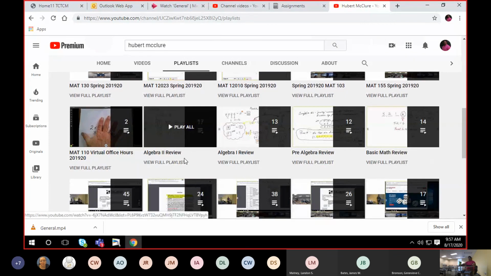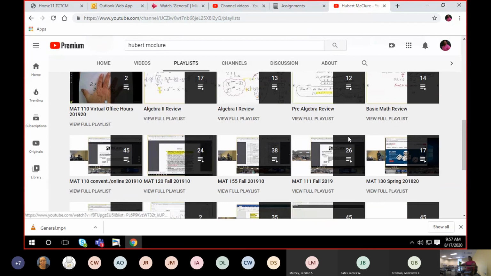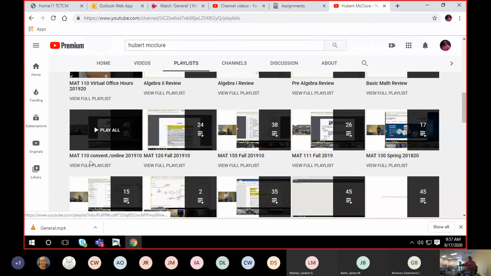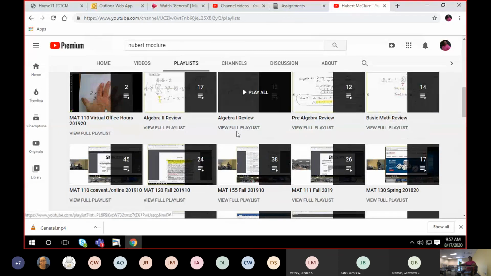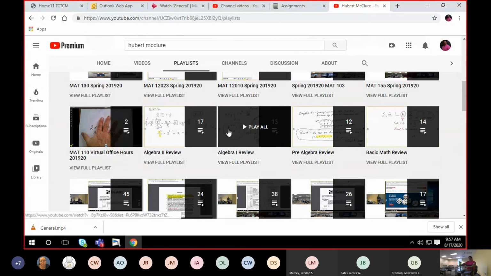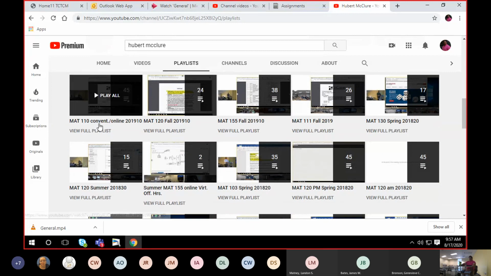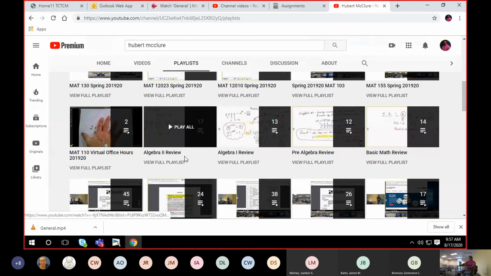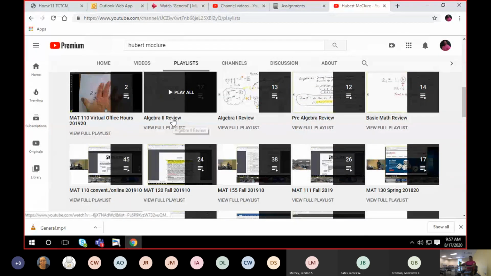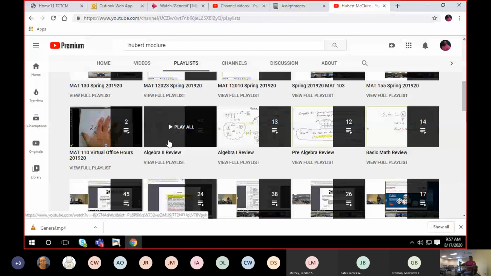If you want to get used to what I'm going to do in the next few days, you look at that 110 right here, 2019-10. It's right after the basic math review. For some of you that might need a little bit of review, you can look at the review section of the 110. You can go up here and hit Algebra 2 review or Algebra 1 review. Okay, all that's there for you. I do have some videos that didn't record. There may be a couple of videos right here that didn't record.